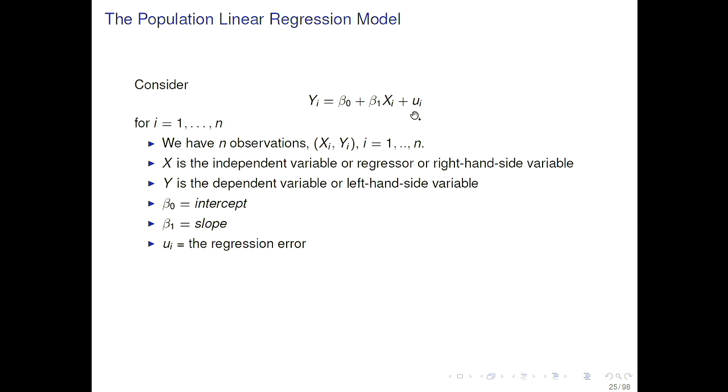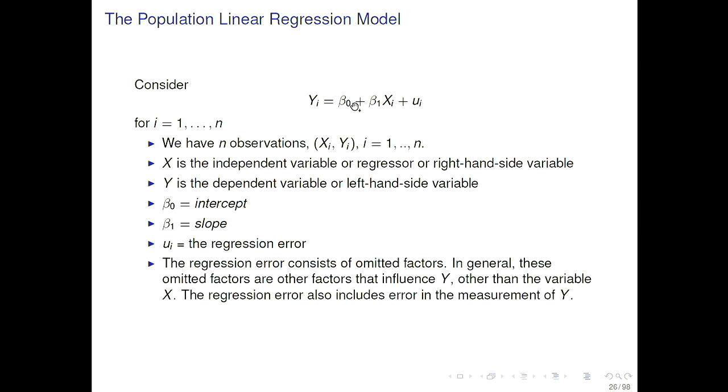And back in the school test score example, we want to have test score as the left-hand side variable and student-teacher ratio on the right-hand side. In that example, test score is going to be determined not only by student-teacher ratio, but also by so many other things, like the average education level of parents in the school district, right?